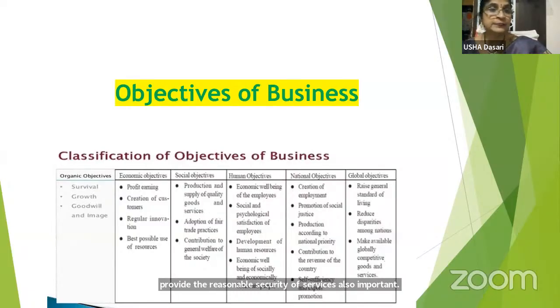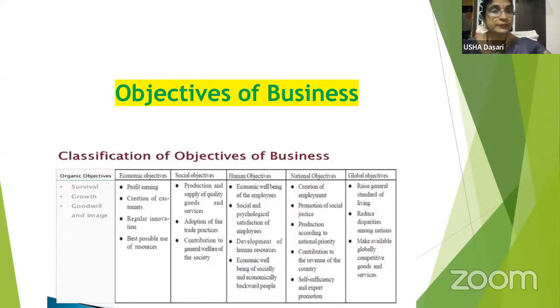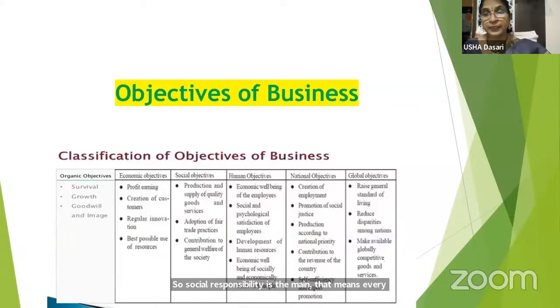Apart from these economic, social, and human objectives, you could find other objectives: national objectives, global objectives, and organic objectives. Later on, we can discuss all this. The last objective is social responsibility. Every business is a part of society.